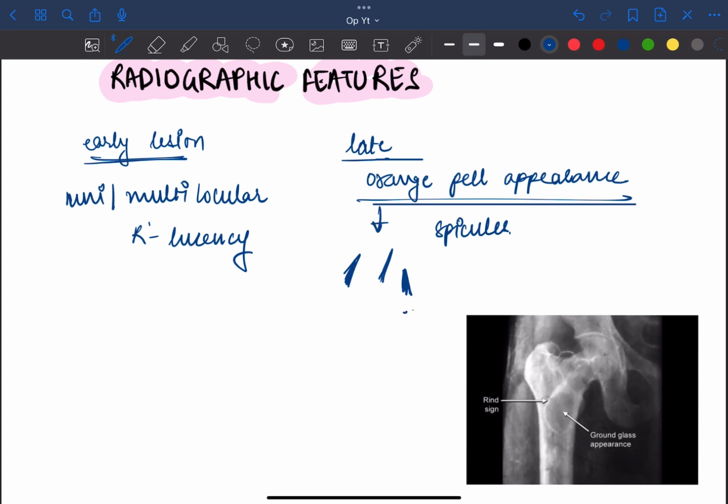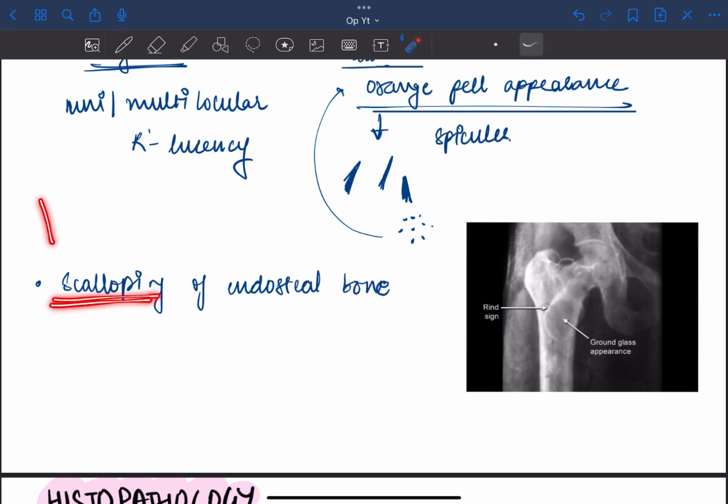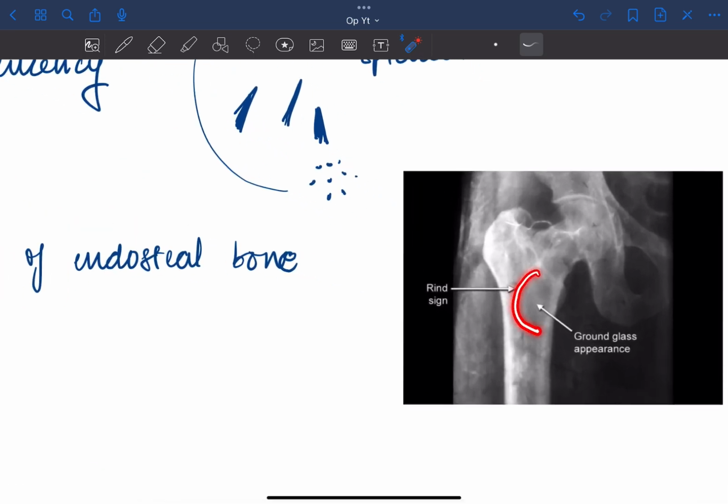If we see it from top, we can see something like this, and this gives an orange peel appearance. There is scalloping of endosteal bone. Now scalloping is something you can understand, like it's a block and somebody has scooped out a portion from it with a spoon. So it forms a scallop like structure that we can see here. You can appreciate it like somebody has scooped out a portion of the bone.